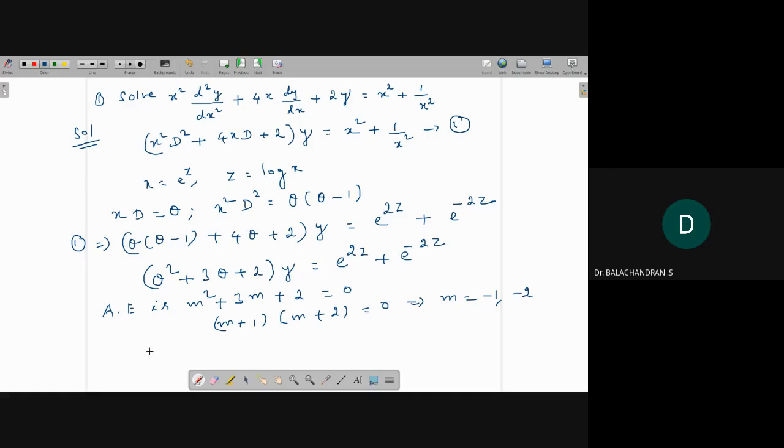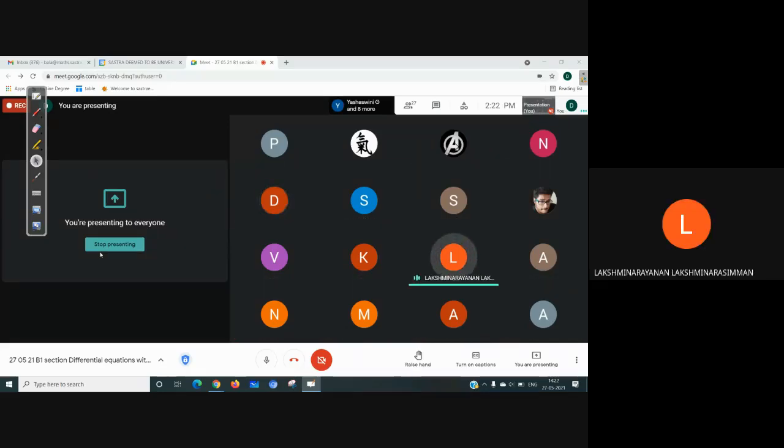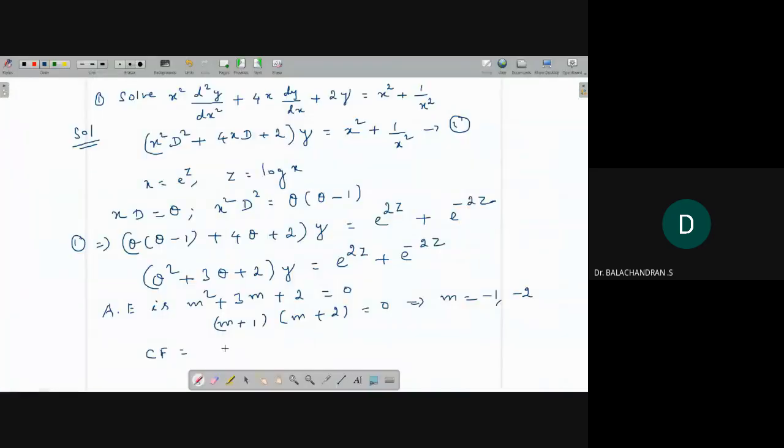So what is the complementary function? C1 e power minus z plus C2 e power minus 2z.